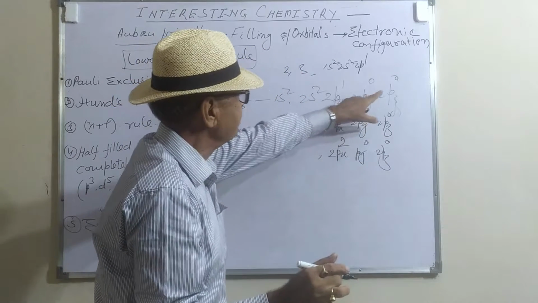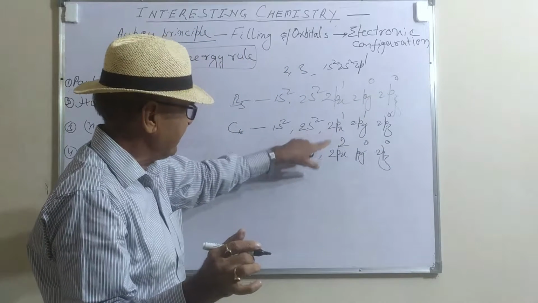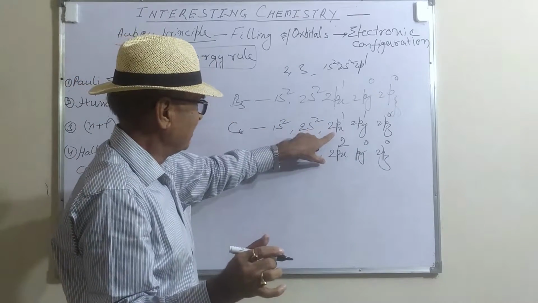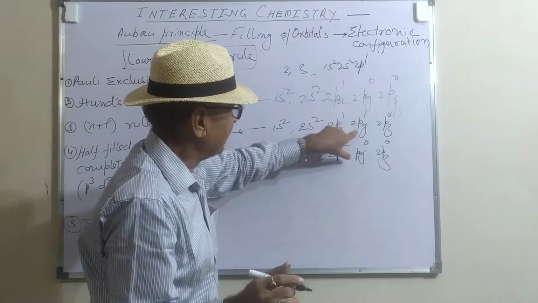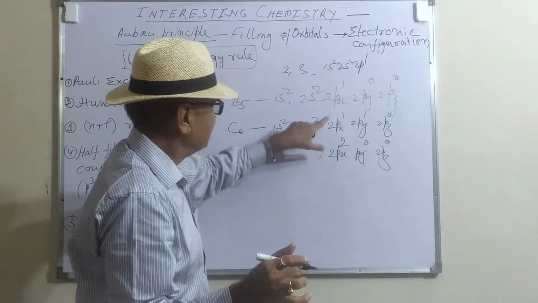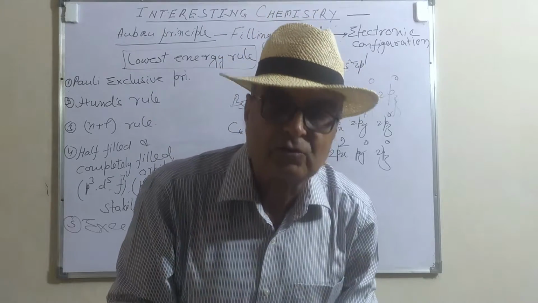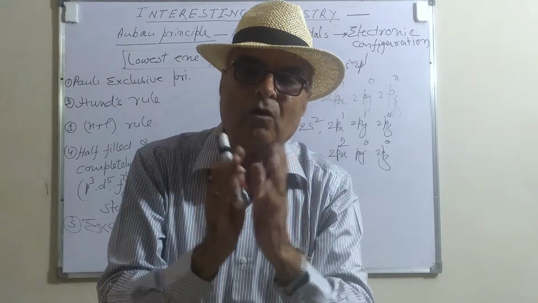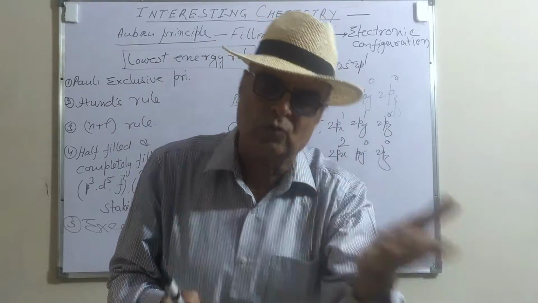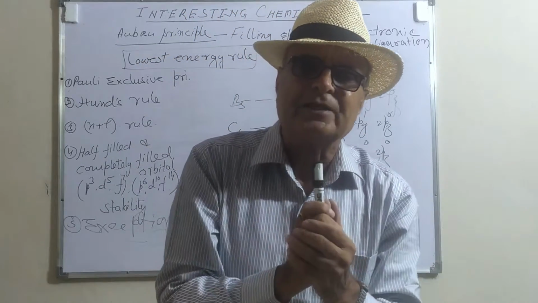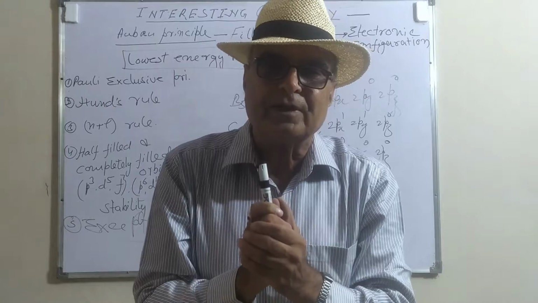Here both electrons are unpaired, and here the sixth electron is paired up. So this is called the pairing of electrons in an orbital.